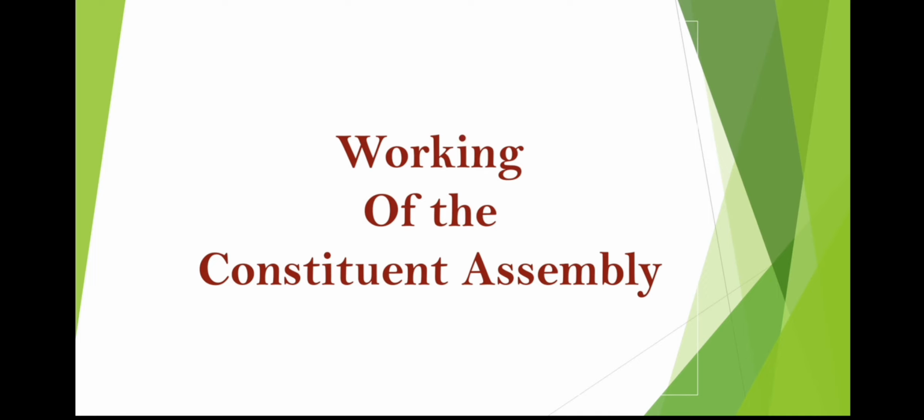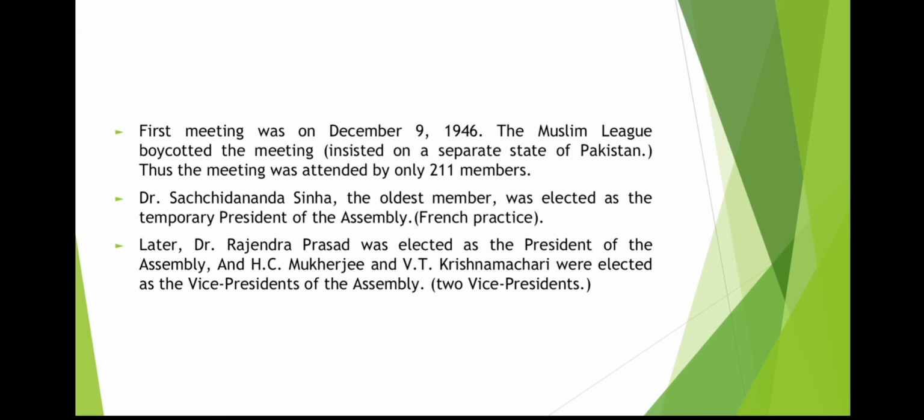After the election for the Constituent Assembly, the Constituent Assembly of India was founded on 6th December 1946, and the first meeting was on 9th December 1946. In this meeting the members of the Muslim League boycotted the meeting.